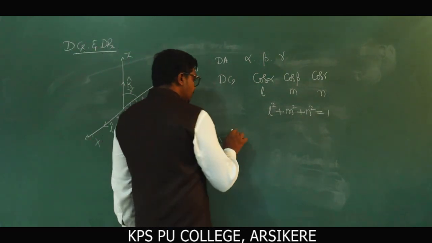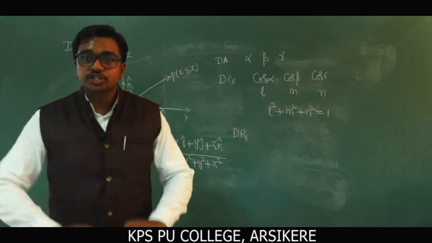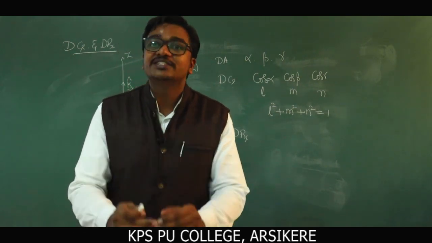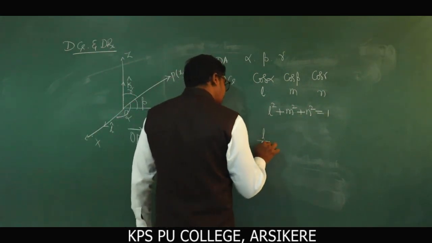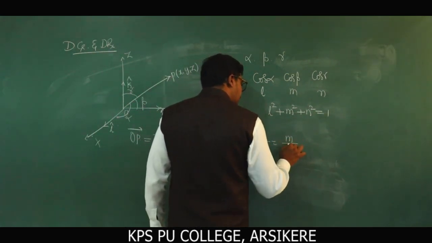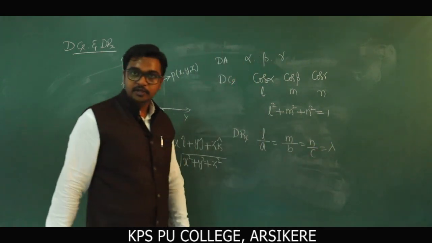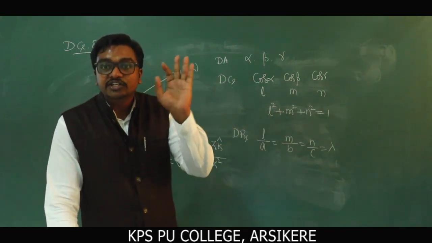And what about direction ratios then? The numbers which are proportional to the direction cosines are called direction ratios. L divided by A is equal to M divided by B is equal to N divided by C is equal to some lambda. Here A, B and C are called direction ratios.